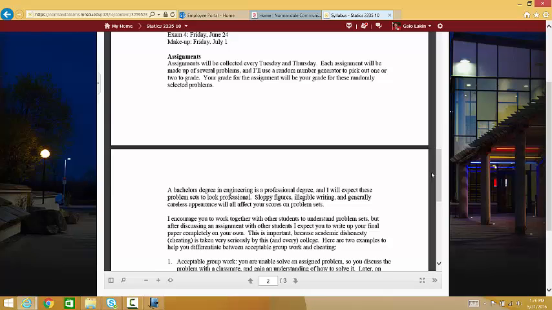But I do want you to turn in assignments that look nice and neat and are legible and easy to read, because that's an important habit to get into. And so if you turn in work that looks sloppy, or it's hard to read, or it's hard to follow, like a page is scribbled out and an arrow goes here, I'm going to take points off for that, because I think that's a bad habit to get into in your engineering classes. So I just expect you to turn in work that looks neat, okay, and is easy for me to read.